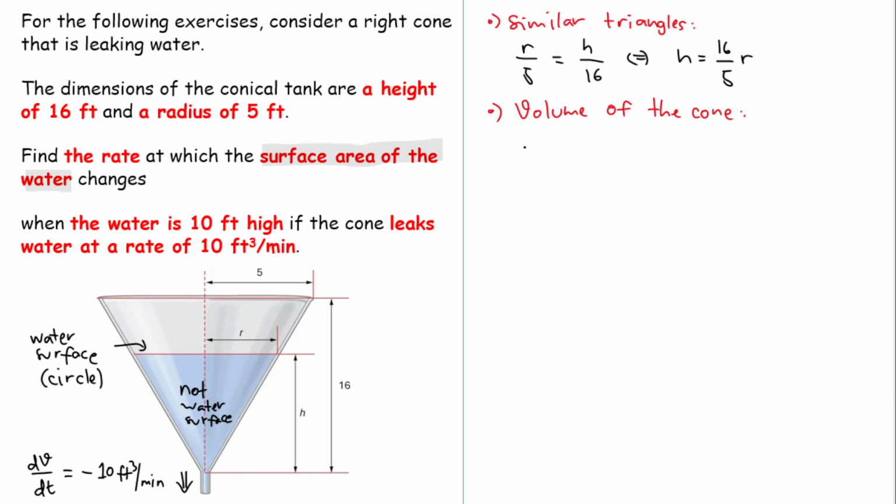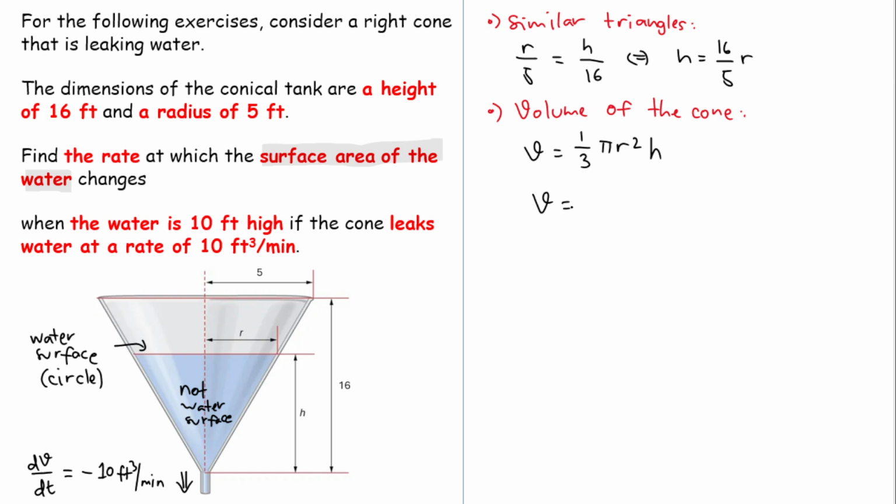We know that V is equal to 1/3 of the base area, and the base area is a circle, pi r squared, the area of a circle, and then multiplied by the height. But then we can plug in the height, which is 16 over 5 multiplied by r.